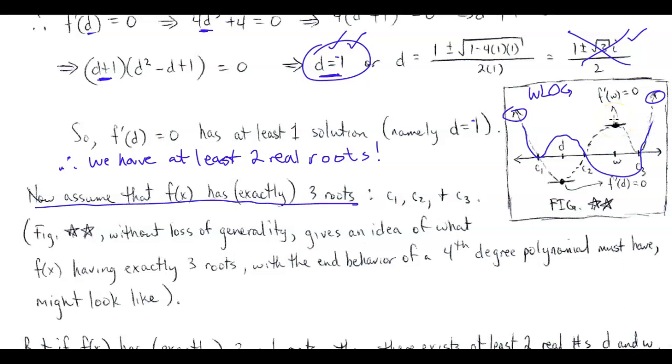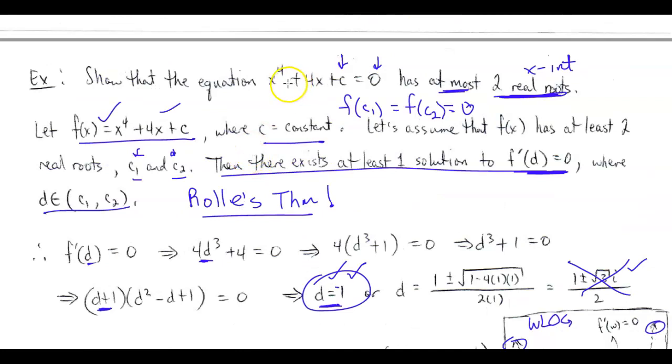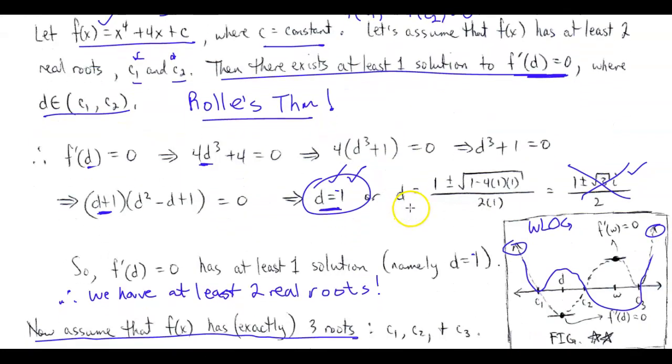I could have done that, but it doesn't matter how we do it. I know that this end behavior has to be like this, and that's mainly because the leading term here is positive. So I know for a quartic function, where the degree is even and the leading term is positive, my end behavior has to be like this for that function. And of course that comes from pre-calc, okay?